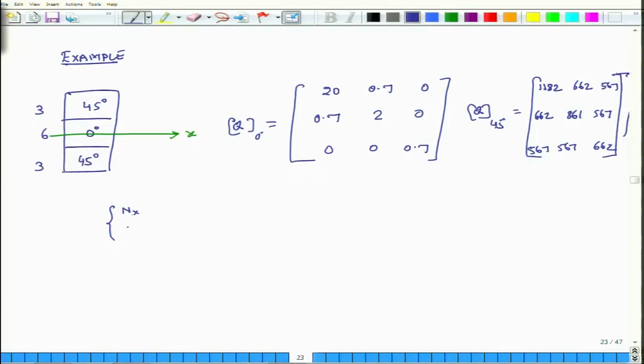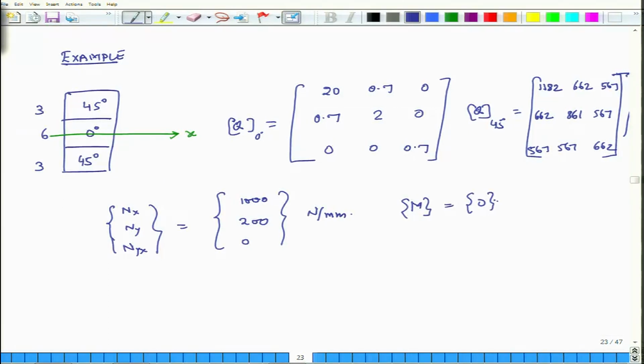So, Nx, Ny, Nxy equals 1000, 200 and 0 newtons per millimeter, and no external moment resultants on the system.